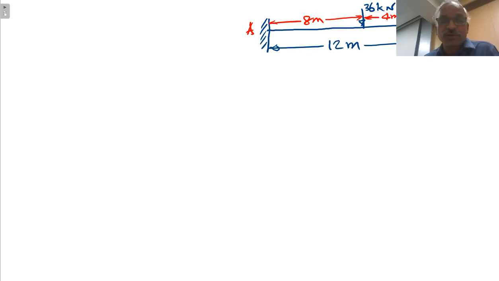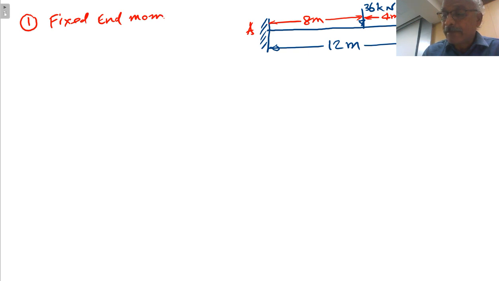Right. Now we know the basic steps. The first step is determination of fixed end moments. Coming to fixed end moments, we know the beam is subjected to a non-central load.